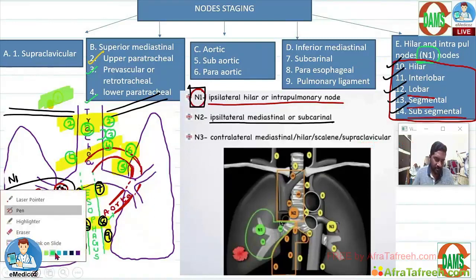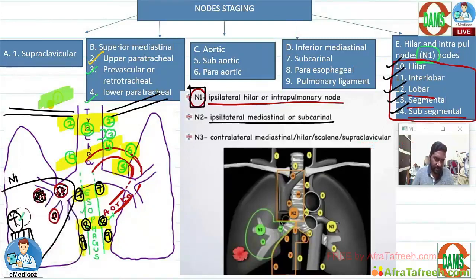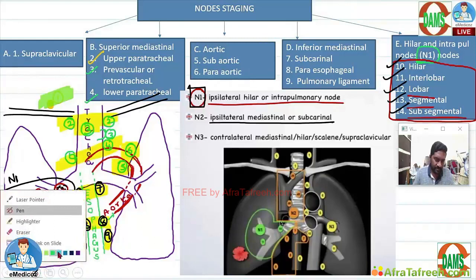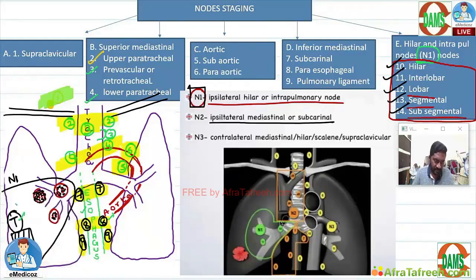Now N2 means the tumor has involved ipsilateral mediastinal, so same side mediastinal lymph nodes have been involved, and also the subcarinal lymph nodes.